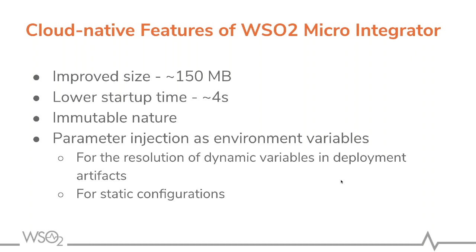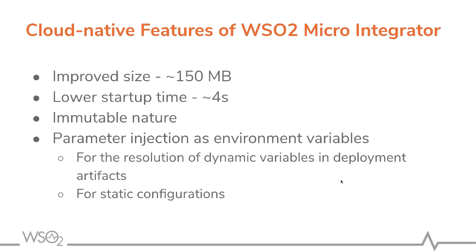The WSO2 micro integrator is around 150 megabytes, and we are trying to reduce the size even more. The micro integrator starts up in a very short time, like 4 seconds, and we are even trying to improve this because this is really crucial in environments like Kubernetes.